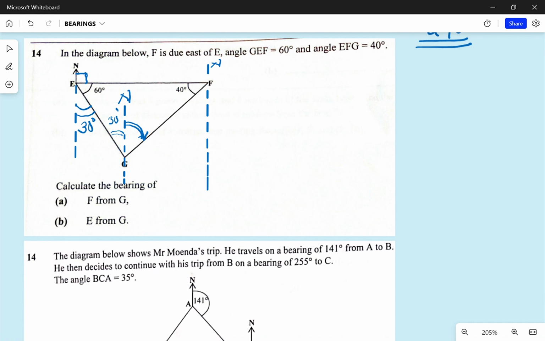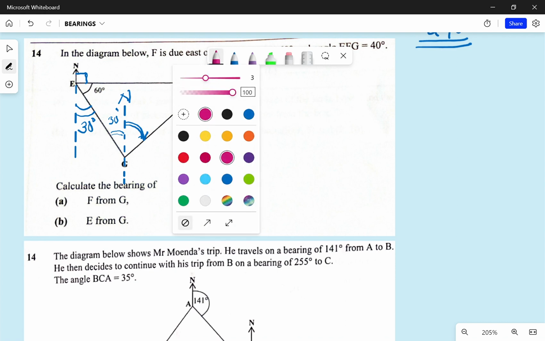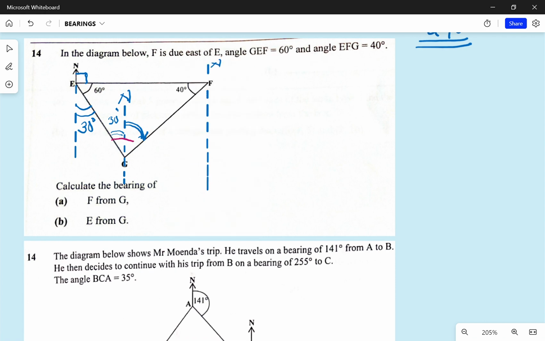So if this is my triangle, the total angle from there, this angle here in total, is 180 less 100. 60 plus 40 inside the triangle, you get 100. 180 less 100 gives us 80 degrees.